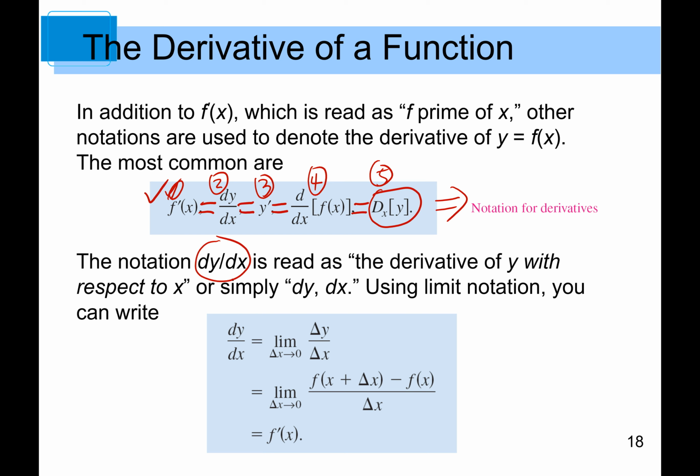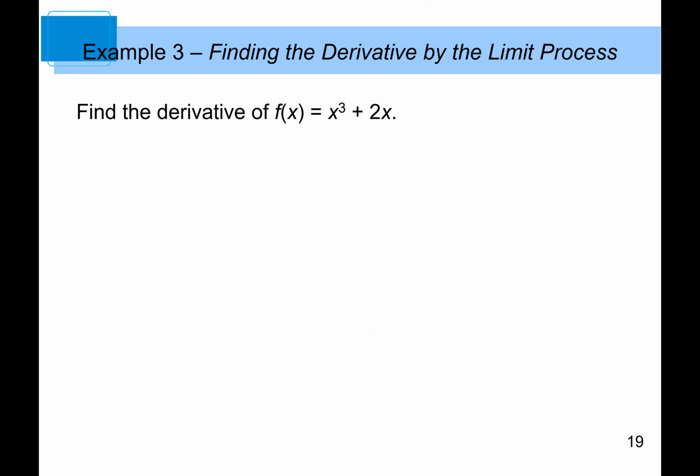Using the limit definition, you can write it as dy over dx equals the limit as delta x approaches 0 of delta y over delta x, where delta y equals f of x plus delta x minus f of x, over delta x. That's why it's f prime of x. So there are different ways of writing derivative, but just make sure you know they are equivalent to each other.